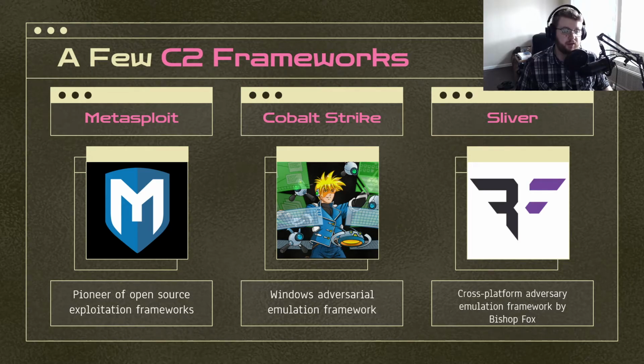Sliver is a Bishop Fox built command and control framework, and the really cool thing about this is it actually is cross-platform. So like Metasploit, it works for Linux, Windows, and Mac. However, the difference here is the obfuscation engine that runs in the background for Sliver. I forget again what the packages are that it uses for the obfuscation.